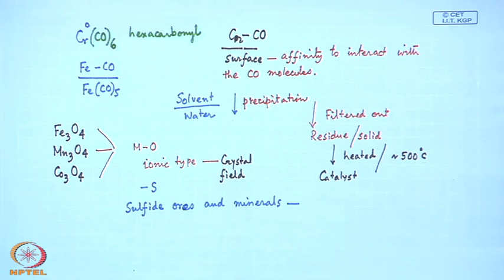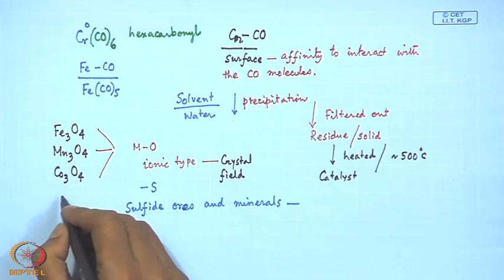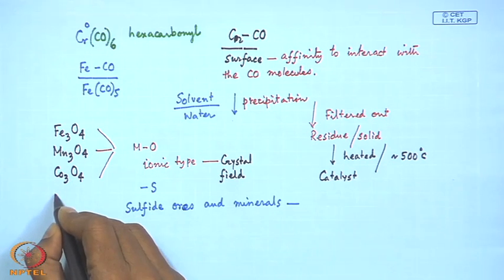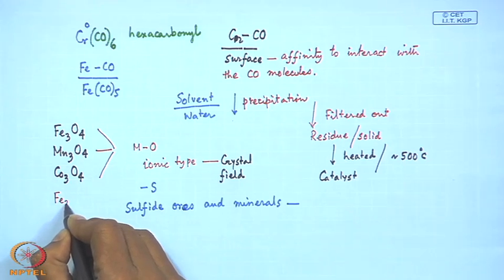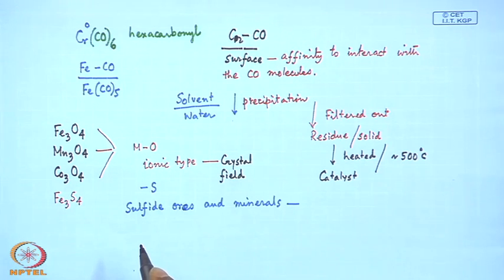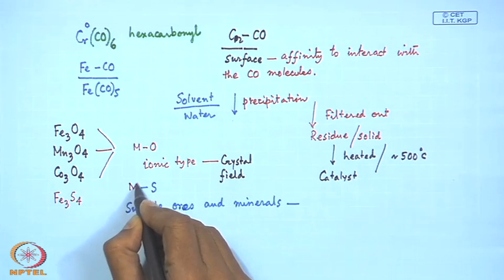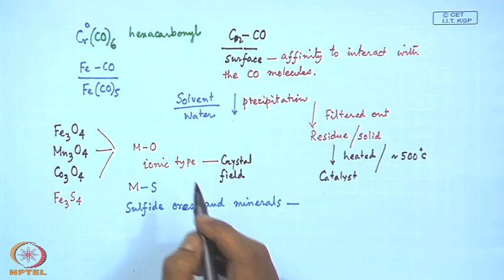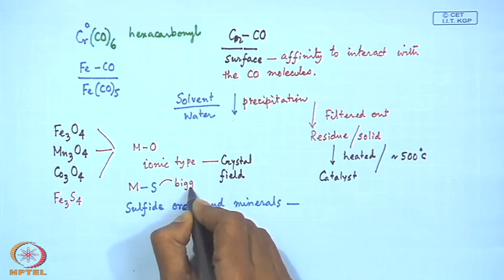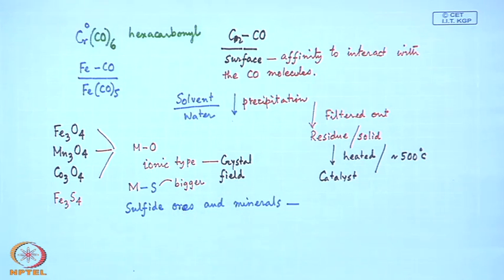So, we can have the corresponding sulfur groups, and if we are able to substitute all the oxide pairs by these sulfides, we will have the corresponding formula of these as Fe3S4, Mn3S4 or Co3S4, where we can have the metal sulfur bond, where the sulfur is a little bit bigger in size compared to the oxygen atom present in the spinel.